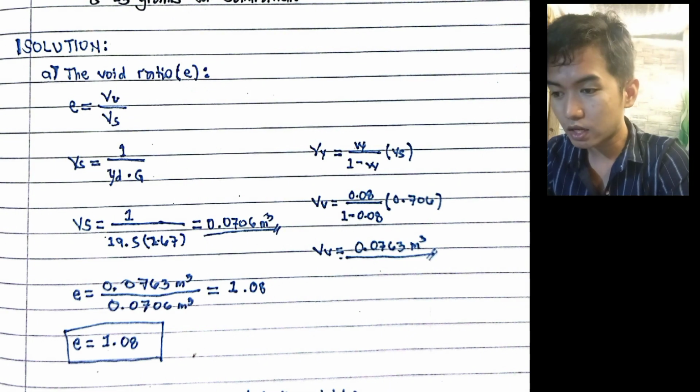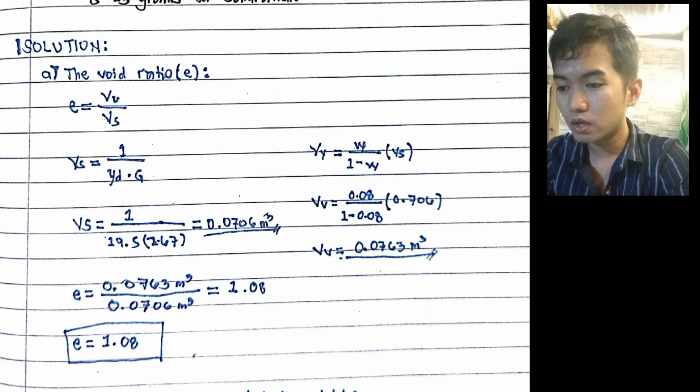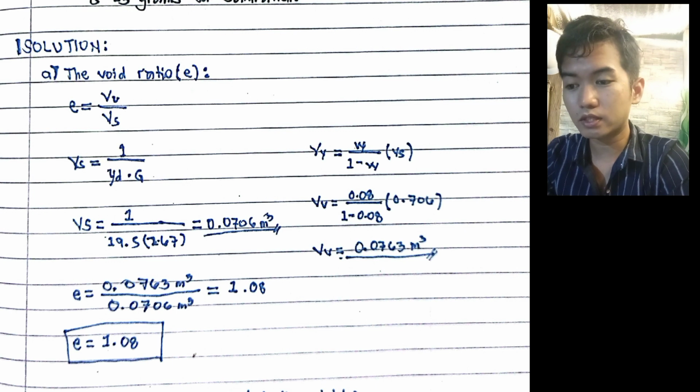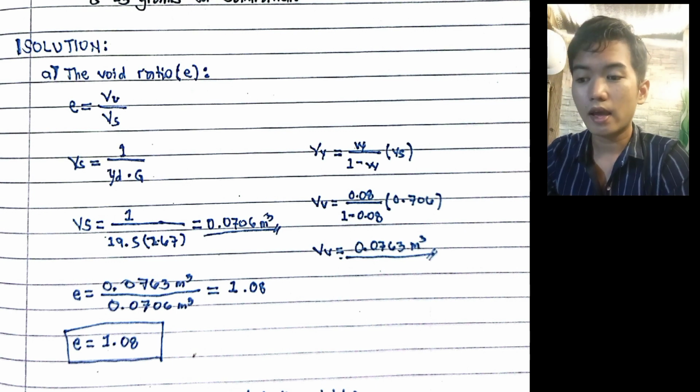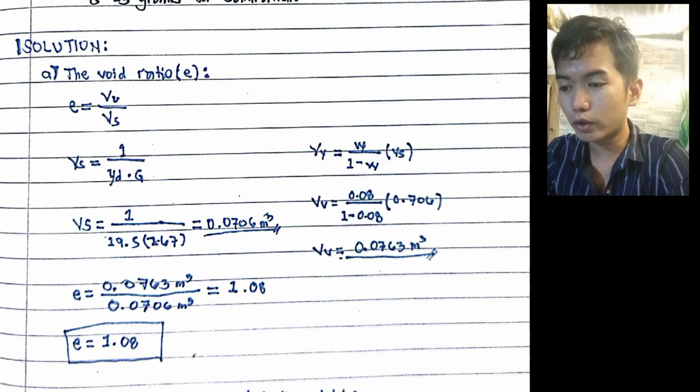The formula is V_v = w over 1 minus w times volume of solids. Given that the moisture content w is 8% or 0.08 in decimal, we substitute: V_v = 0.08 over 1 minus 0.08 times 0.0706, which is 0.0763 meter cube.